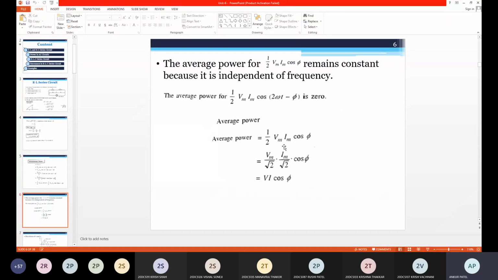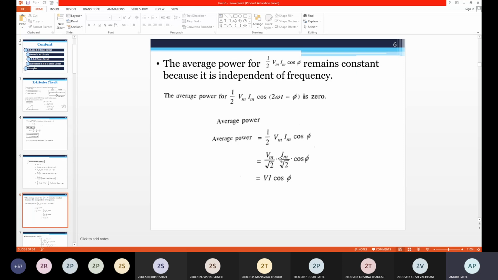We can rewrite this as Vm by root 2 into Im by root 2 into cos phi. But we know Vrms is equal to Vm by root 2, and Irms is equal to Im by root 2. So P equals VI cos phi. This is the average power equation for an RL series circuit.